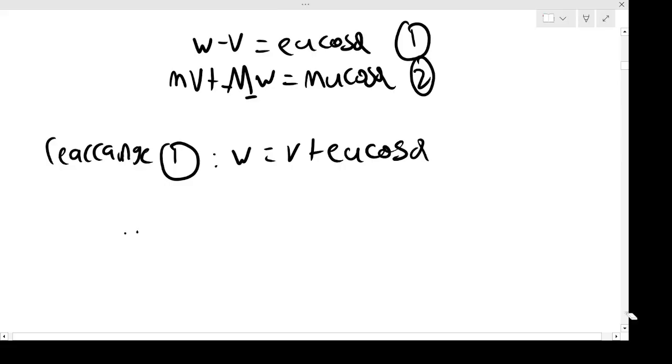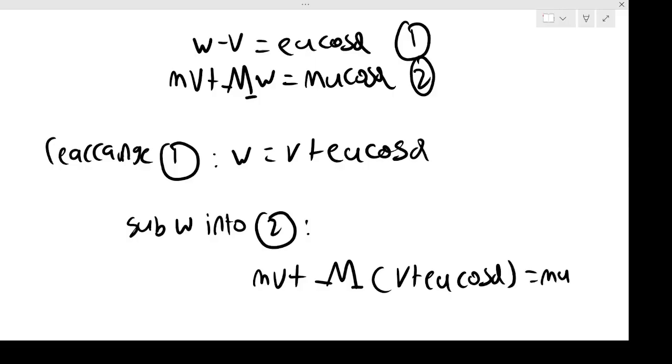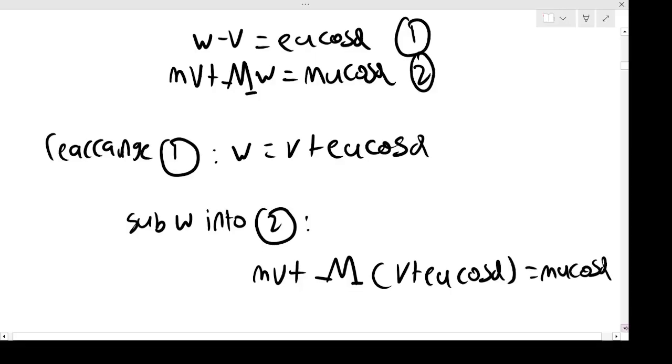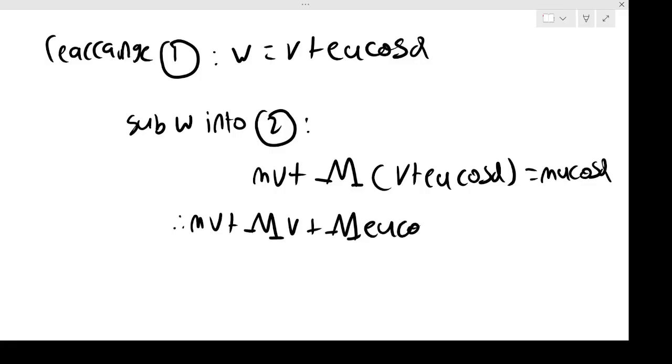So therefore, I'm going to get the mV add big M lots of V add eu cos alpha, which is going to be mu cos alpha. So if I expand that, I get mV add big MV add big Meu cos alpha equals mu cos alpha.